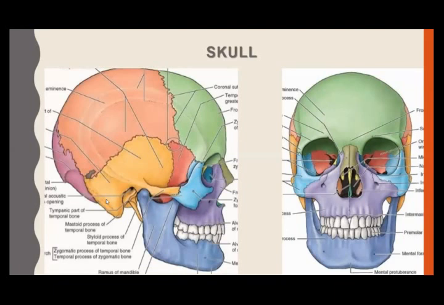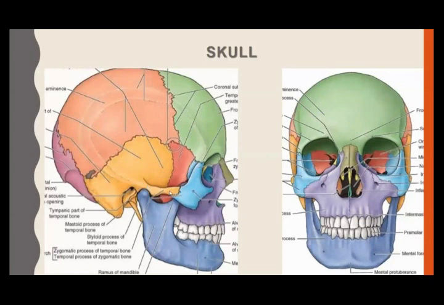Now, this temporal bone has several parts. You can see this structure. This is the mastoid process. So it is the mastoid part of the temporal bone. See this, this is the styloid process. This is also part of the temporal bone.